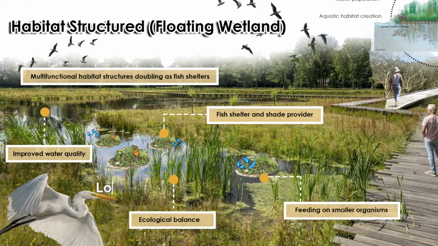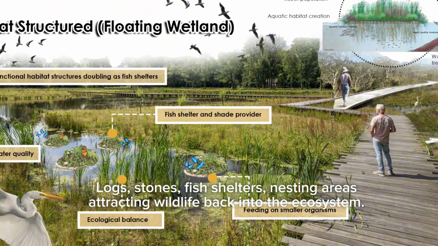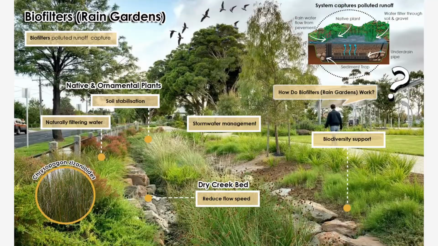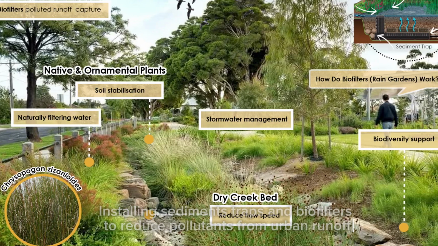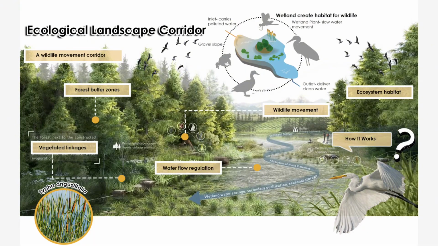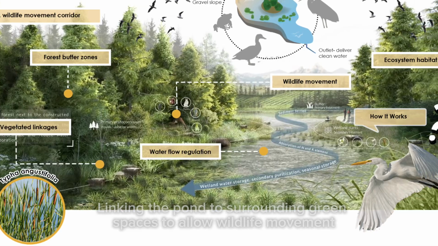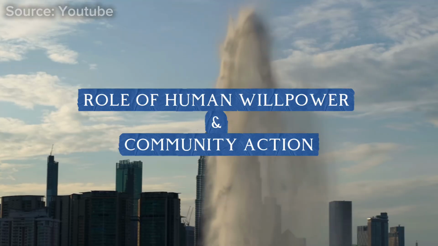Habitat structures. Logs, stones, fish shelters, nesting areas, attracting wildlife back into the ecosystem. 4. Pollution management. Installing sediment traps and biofilters to reduce pollutants from urban runoff. 5. Connectivity enhancement. Linking the pond to surrounding green spaces to allow wildlife movement.